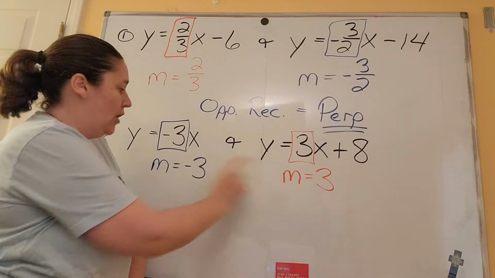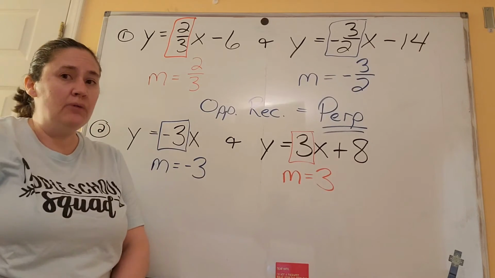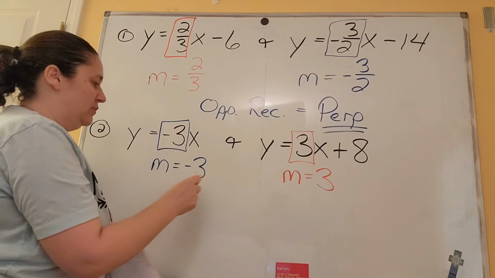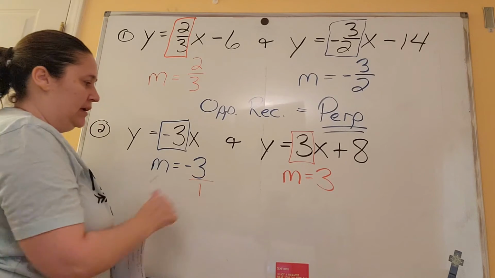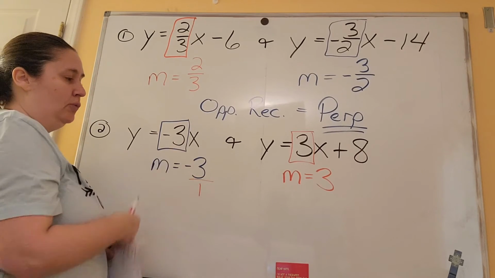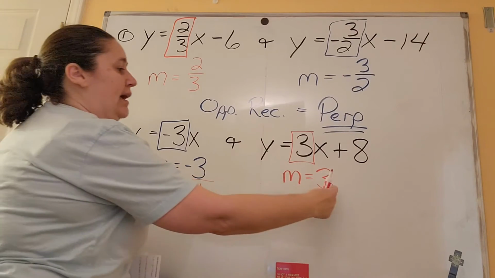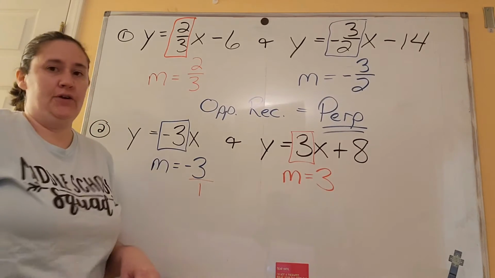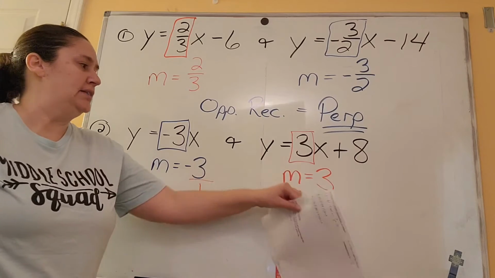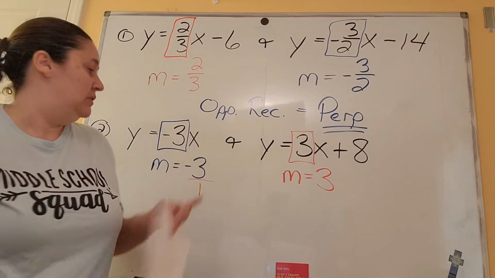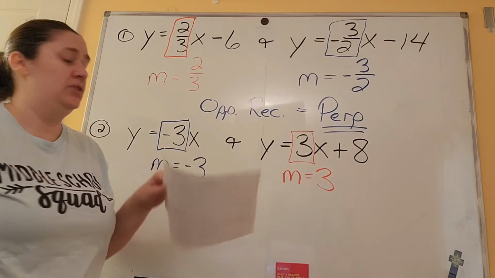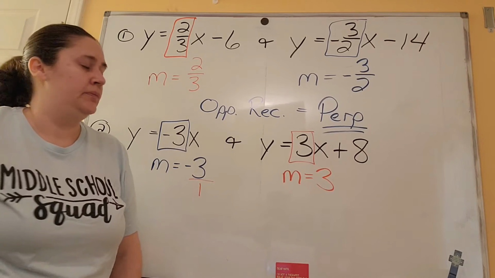Well, they are opposite, but they're not reciprocals. If these were reciprocals, then negative 3 over 1, when you flip it upside down, would have to be positive 1/3. So these are not negative reciprocals. They are negatives of each other, but they're not reciprocals of each other.